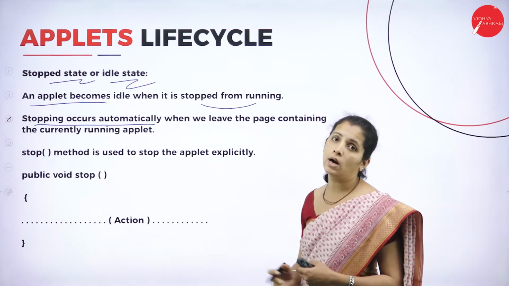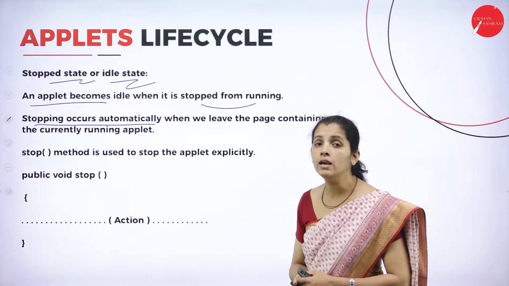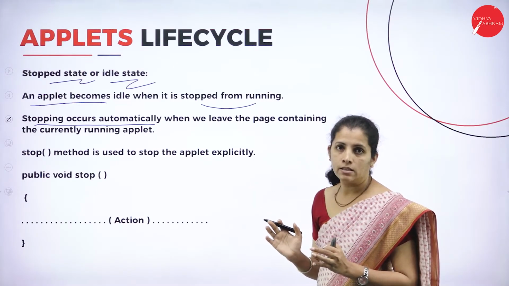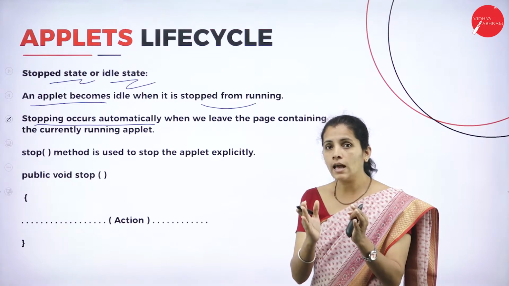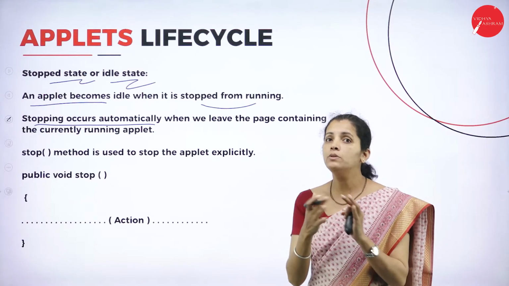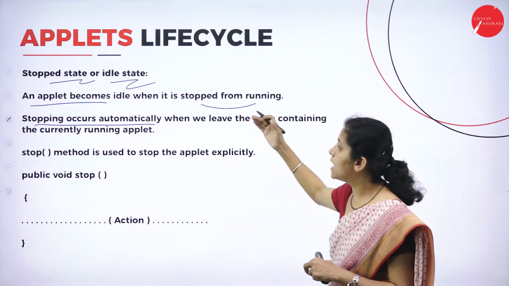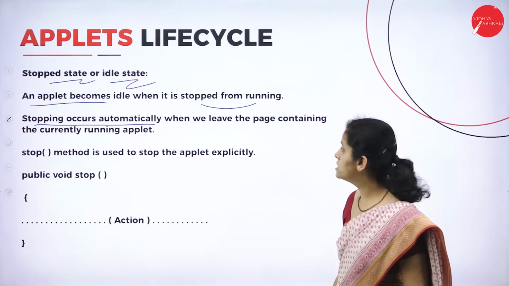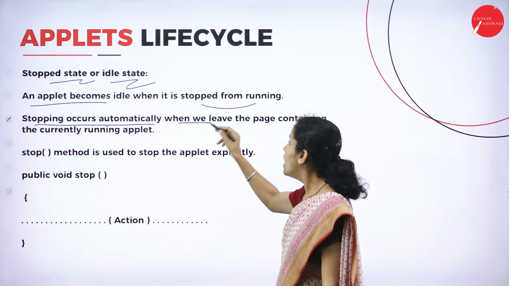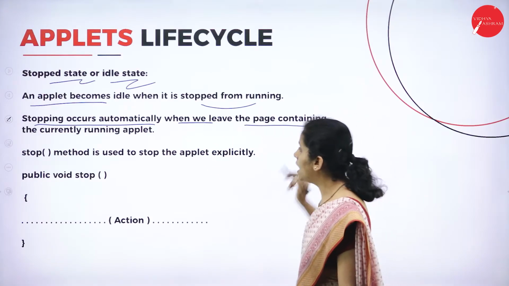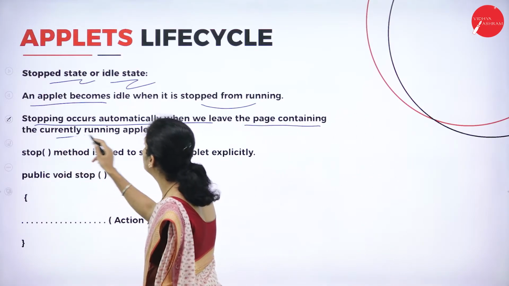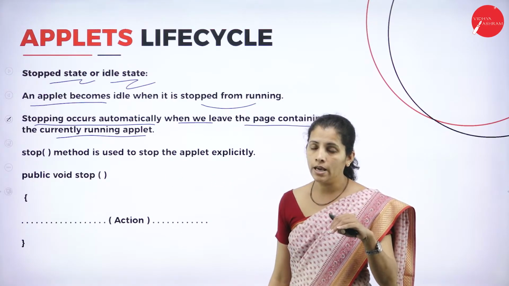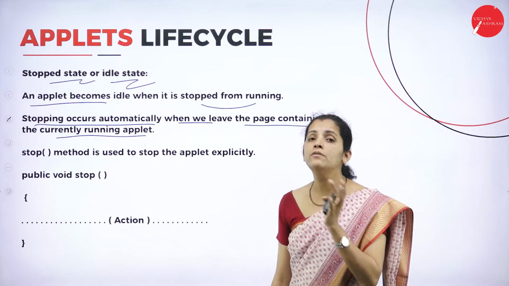And how does it occur automatically? When we leave the page that contains the applet. That means that page runs the applet, so when I leave that page, I'm going to enter into the idle state or stopped state. Think that some applets are running and I leave that page.